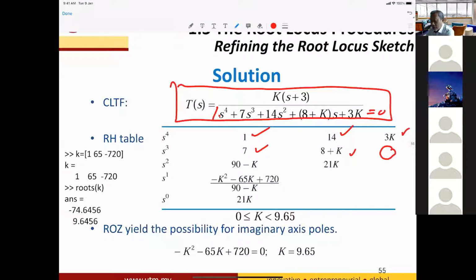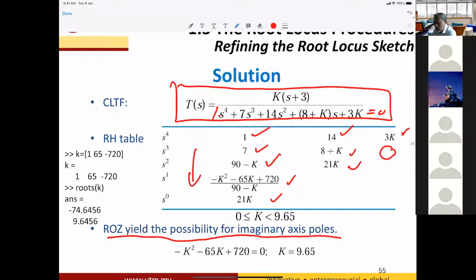Okay. So then you continue to fill up. You will get 90 minus K, 21K. Then continue to fill up: minus K square minus 65K plus 720 over 90 plus K, and 21K. So a row of zeros yields the possibility of an imaginary axis pole.